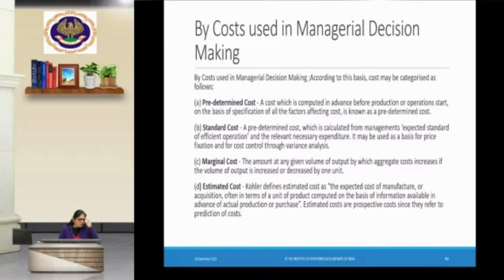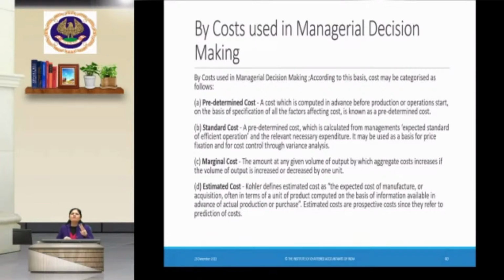I gave many examples for abnormal cost and uncontrollable cost. So, cost in managerial decision making: predetermined cost we have already discussed. Predetermined cost is basically what we predict based on past experiences and specification of factors. Standard cost is the predetermined cost which the management wants as a standard.